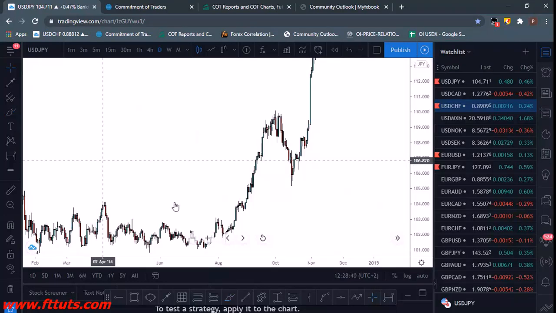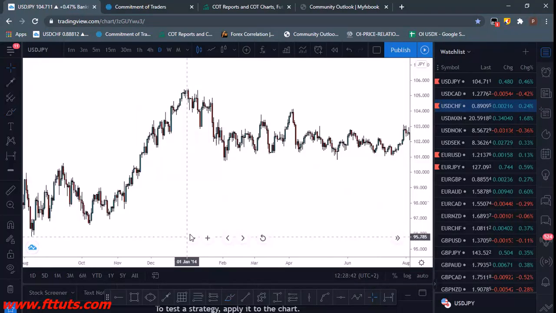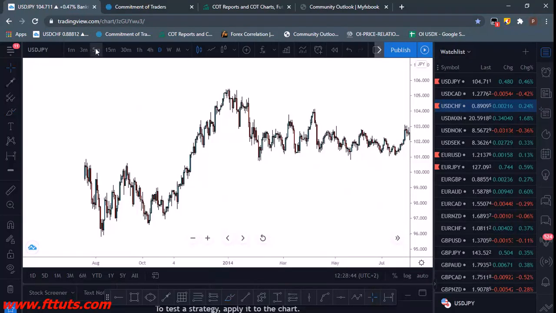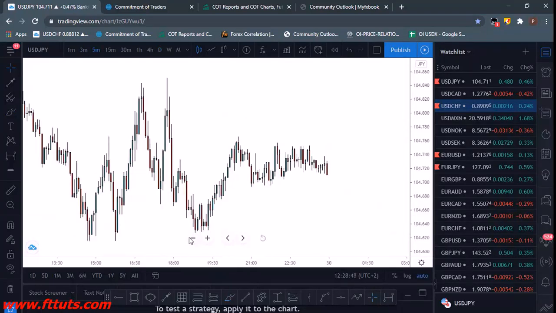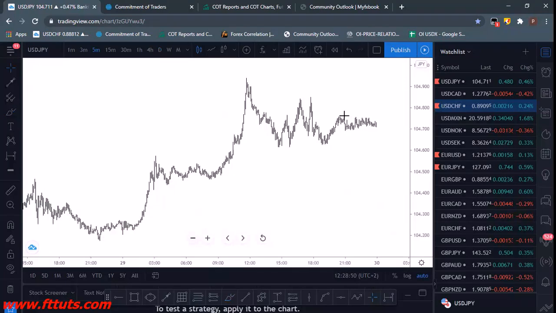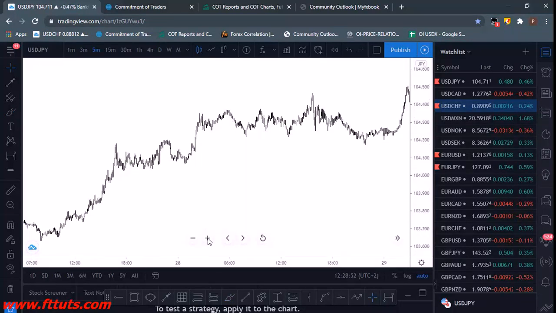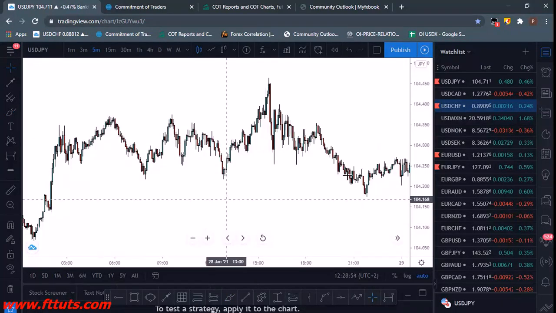I might even end up opening the lower time frames, guys, because it doesn't matter which time frame you're looking at. Any time frame will give you the same thing.